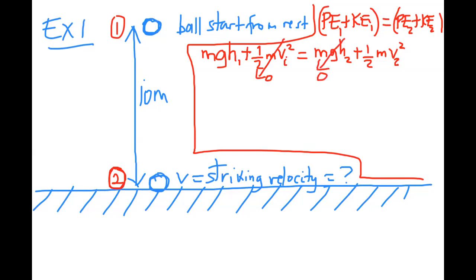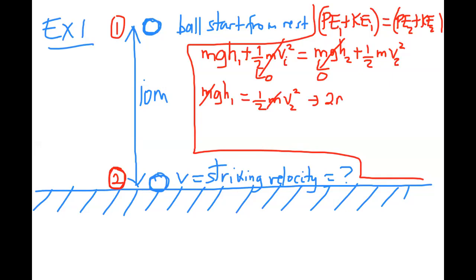So I end up with a nice formula that says mgh1 is equal to 1/2 mv2 squared. Now I can multiply both sides by 2. Also, I can cancel the mass. This mass and this mass cancel out because they are on both sides of the equation.